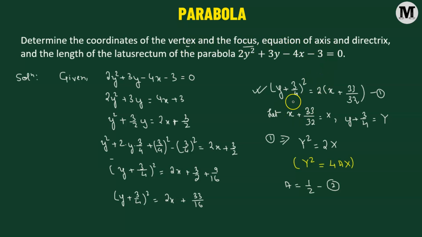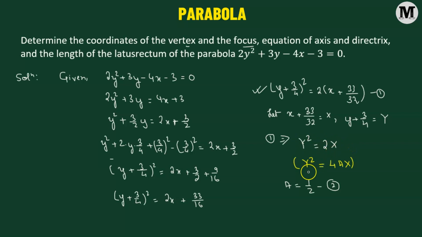We will do that, but since the coordinates of the vertex are shifted according to equation number 1, we have transformed it to Y squared equals 2X, so that it becomes easier to evaluate the coordinates of the vertex and the focus and the rest of the parameters.